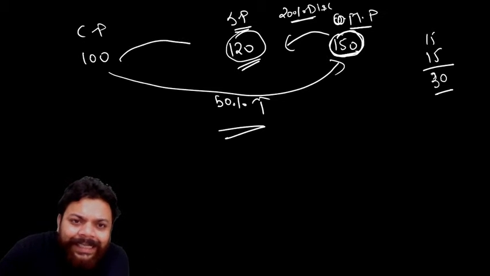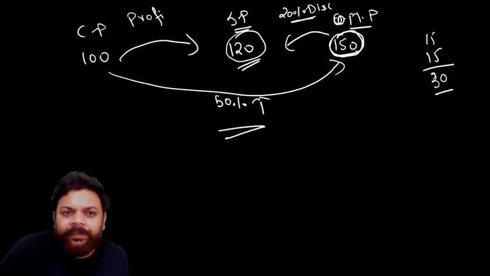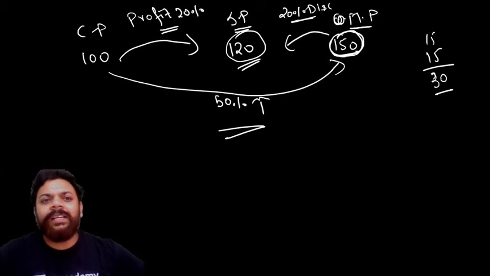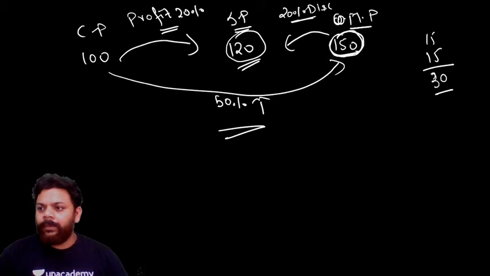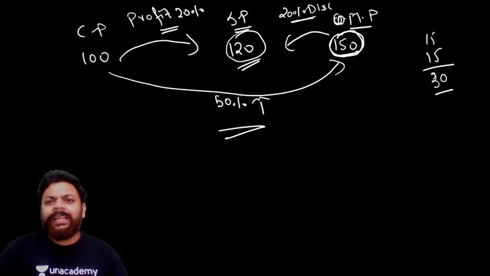So can I easily say that there is overall profit of 20%? Is this concept understandable, guys, or not?